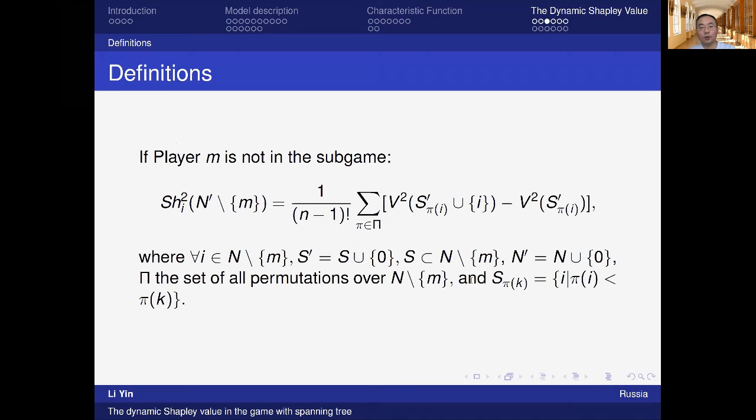If M is not in the subgame, we know that the grand coalition has only n-1 players, so the Shapley value is equal to this. The formula is different from before.